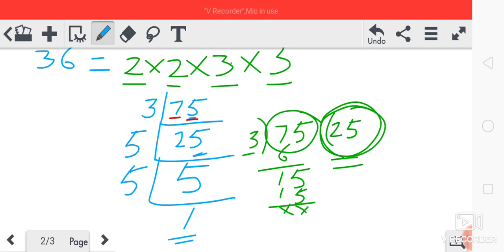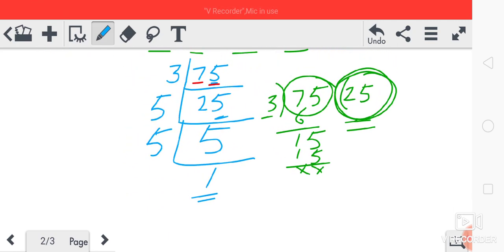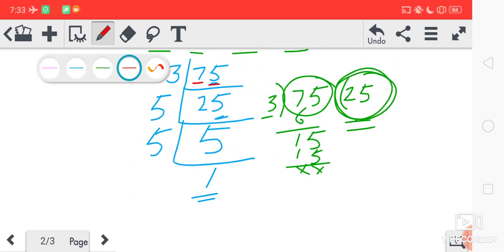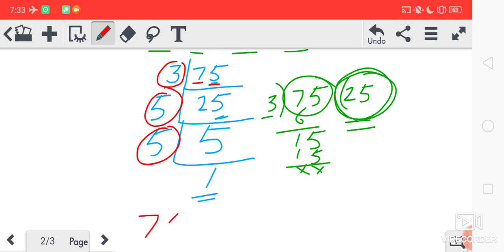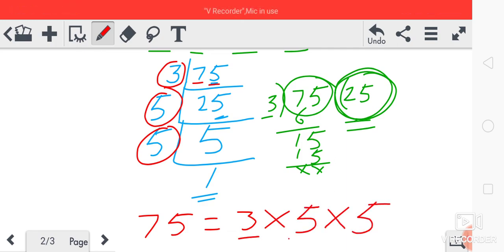Now at last we have got 1, so we'll stop here. Now all the numbers on the left side, this 3, this 5 and this 5, we can write: 75 is equal to 3 into 5 into 5. 3 5s are 15, 15 5s are 75.